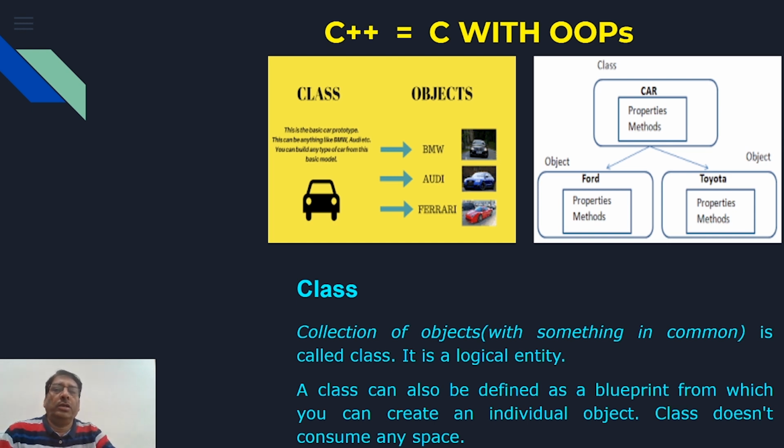So we should see that there is no confusion between the terms class and object. If you take a class called car, car has certain properties and certain functionality. You can also call them methods. Now, this class can have objects like a Ford car, and then you can have an object of this class called a Toyota car, which will have some properties and functionality and so on.